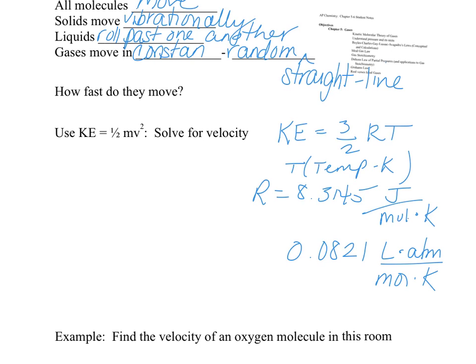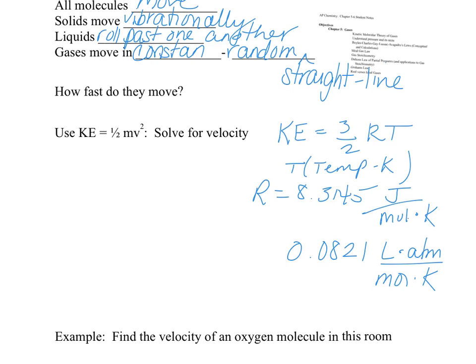And we're going to use the 0.0821 gas law constant when we use PV equals nRT. So it really depends on the formula that you use. As you can see by the units, one has joules in it. And that's going to be very important when we're talking about velocity, because kinetic energy is measured in joules.